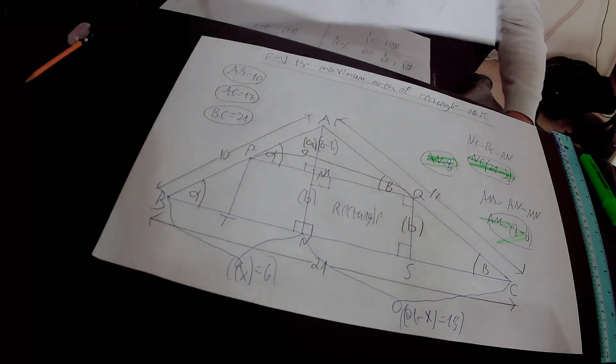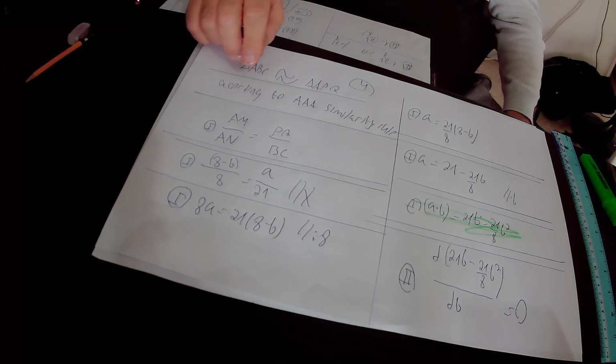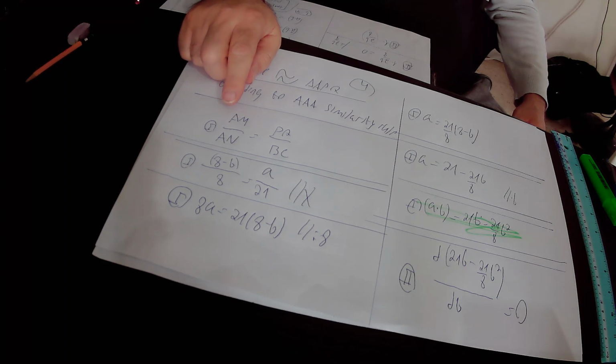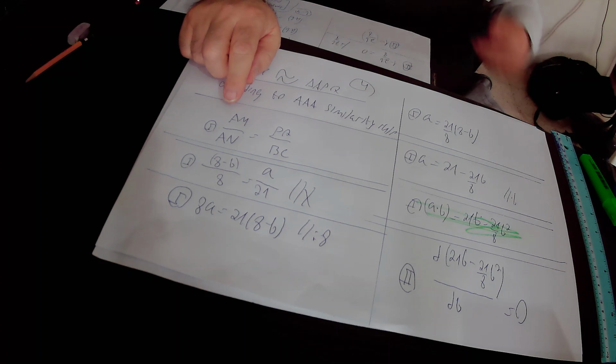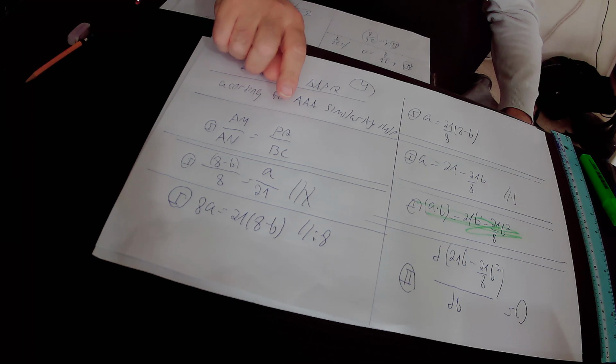Again, because the big triangle ABC is similar to the small triangle APQ, we derive that AM over AN, the ratio between the heights of the two similar triangles ABC and APQ, is equal to the ratio between their corresponding sides, that is PQ, the side of the small triangle, over BC, the side of the big triangle ABC.